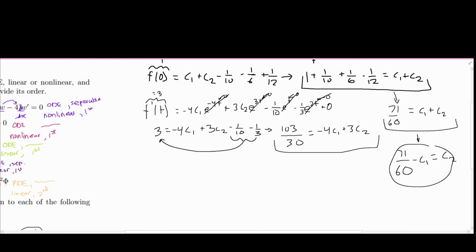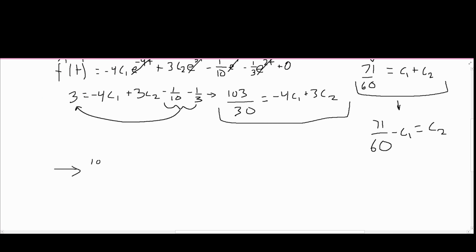Plugging this function into this function, we get 103 over 30 is equal to negative 4 C1 plus 71 over 20 minus 3 C1.